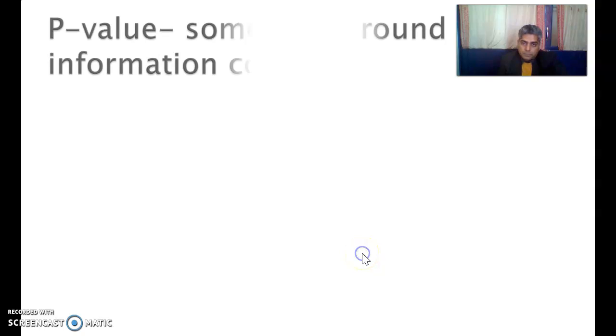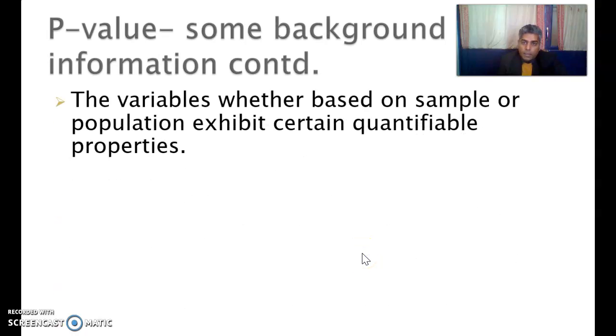Now, in this context, the variables, whether they're based on the sample or the population, exhibit certain quantifiable properties, as in the case of the apple. They represent the attributes of the population itself, right?